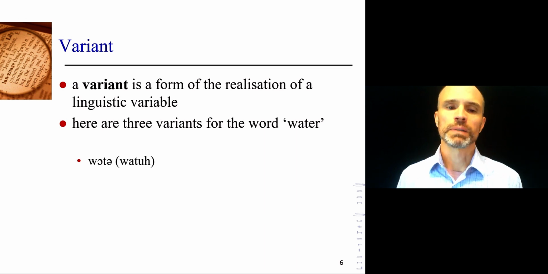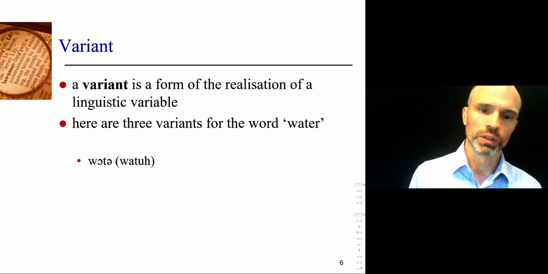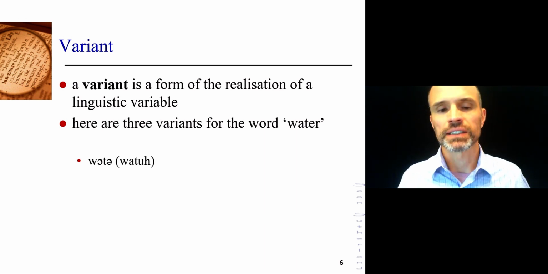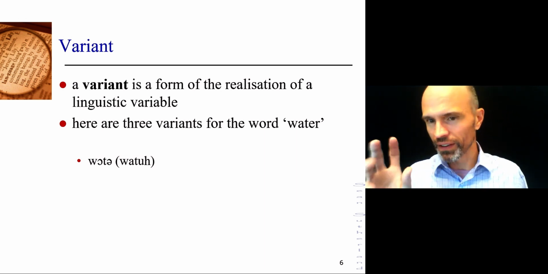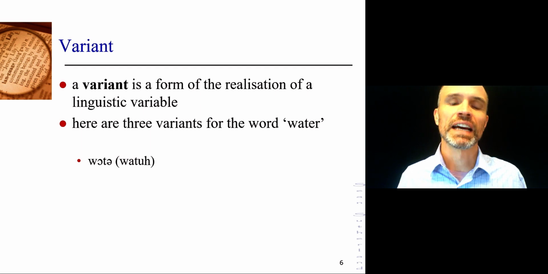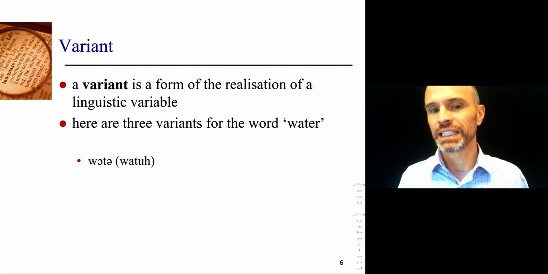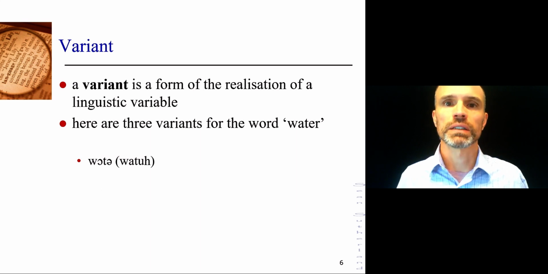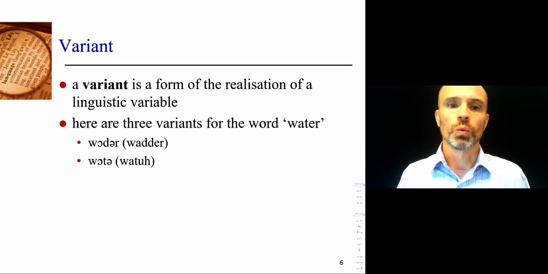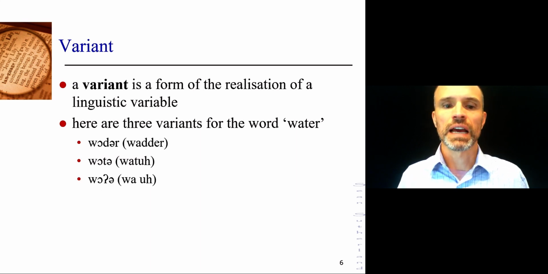One possibility, okay, so I've written the whole word, but I just asked you about the T. There's more than one thing that can be different here, right? But let's just focus on the T. There's the water pronunciation, water. There's the water pronunciation, and there's the wa pronunciation.